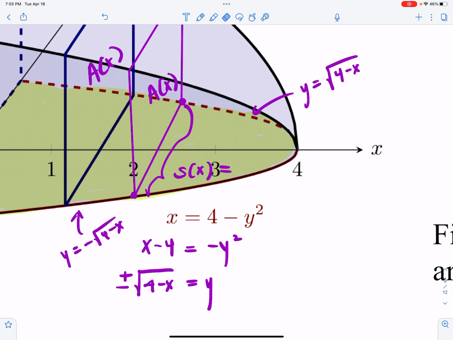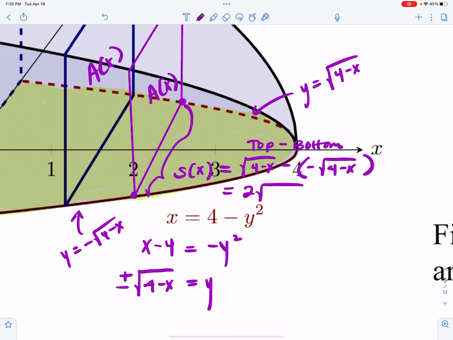It's going to be top minus bottom. So we would have the square root of 4 minus x minus negative square root of 4 minus x, which would just end up simplifying to be 2 root 4 minus x.